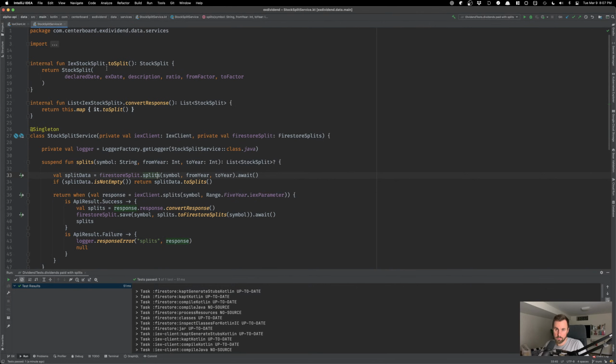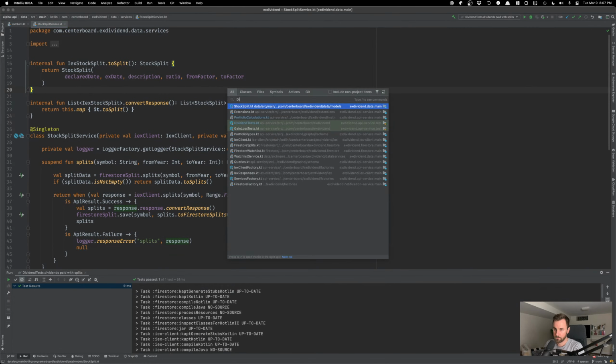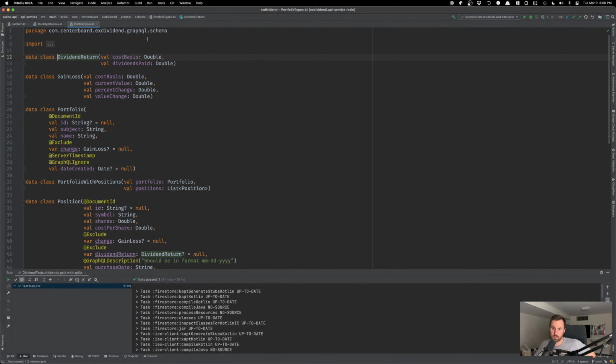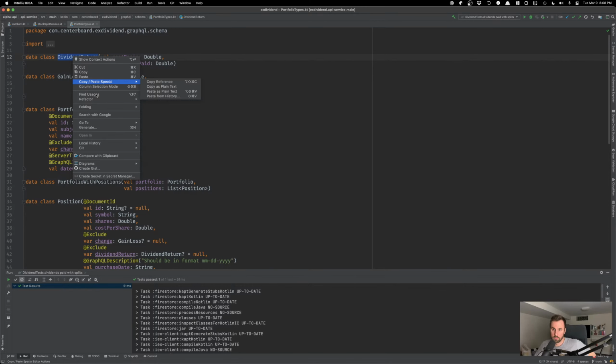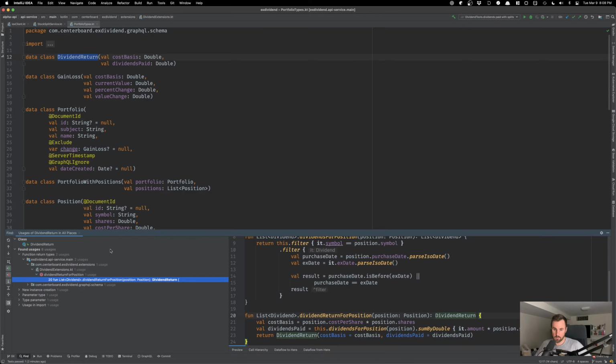We already have a thing called dividend return, right? Yeah, dividend return. So where is this used? Find usages.